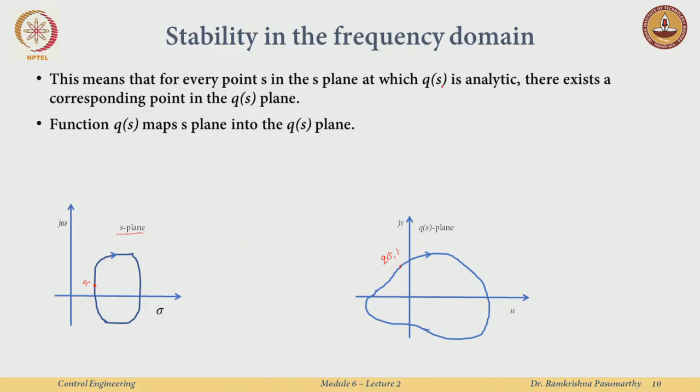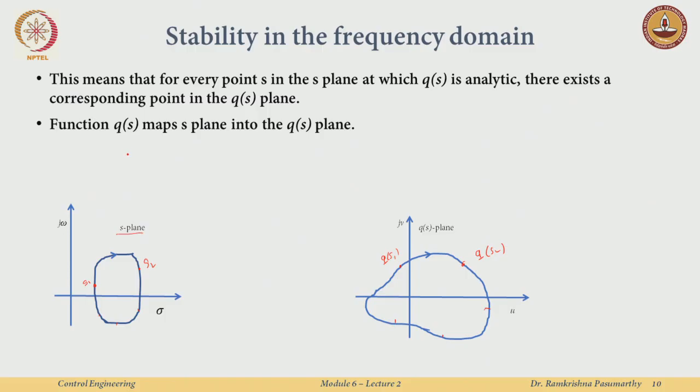We'll not go into the definitions of analytic functions, but we'll just say that I can compute it at almost all points. So for S1 there will exist a Q of S1. Similarly, I take an S2 here, there will exist a Q of S2 here, and so on. Whatever points I take here, I'll have some corresponding points there.